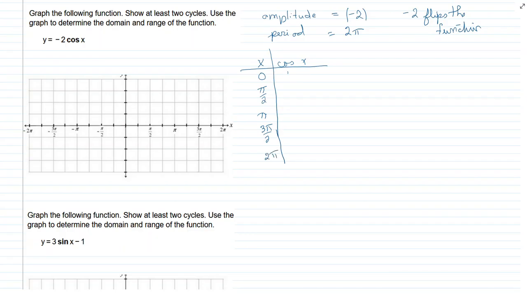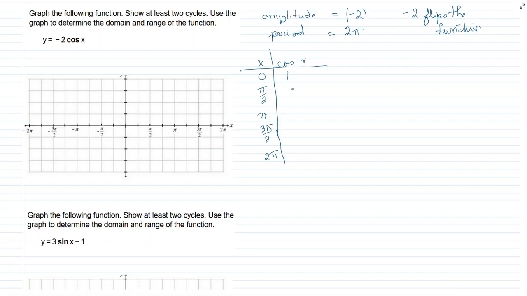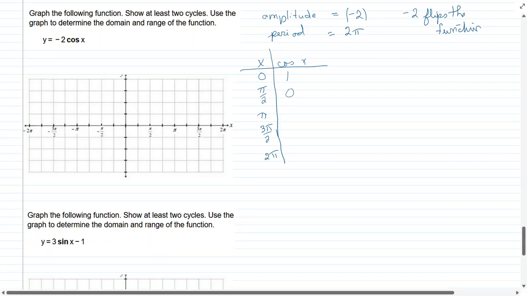On this one, I have 1 for cosine. For pi halves, it is 0. For pi, it is negative 1 because it keeps on going down. We're making a U. Now we're coming a little bit up. And at 3 pi halves, it is 0. And at 2 pi, it is back to 1.